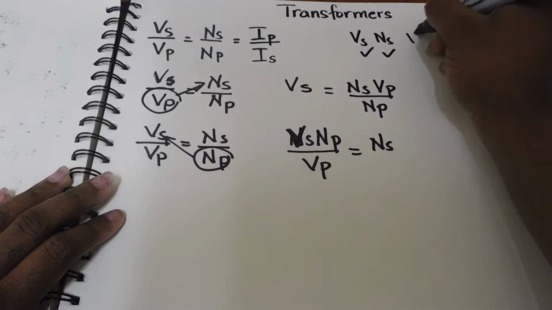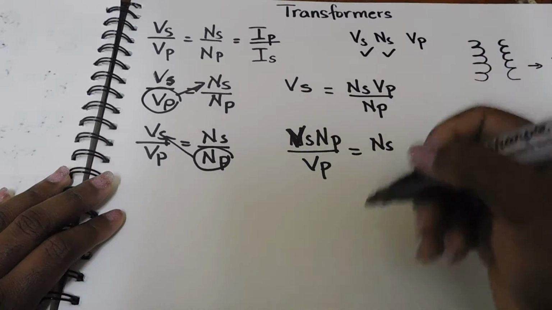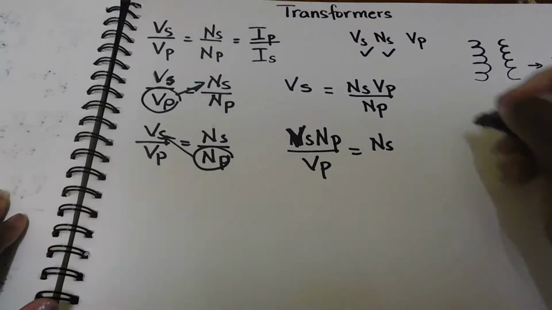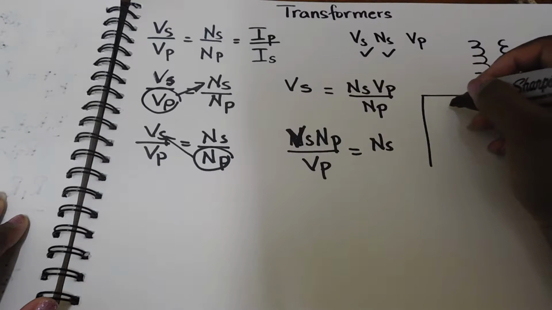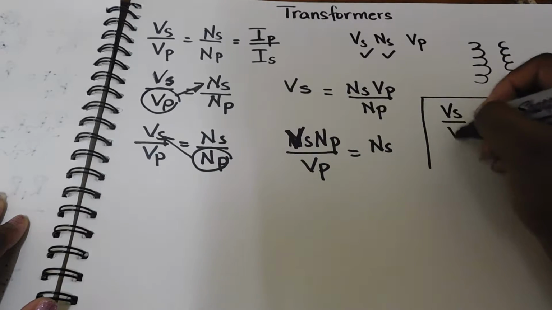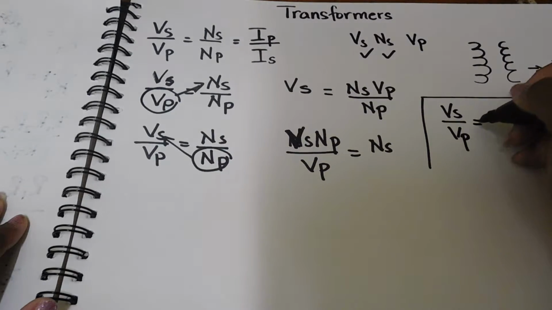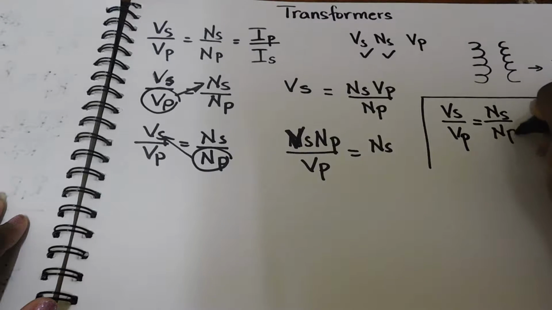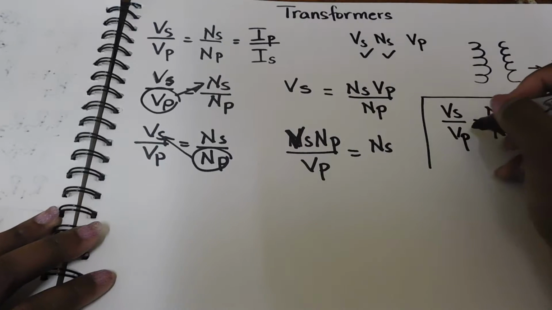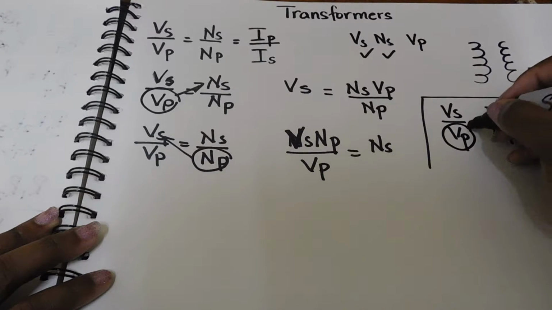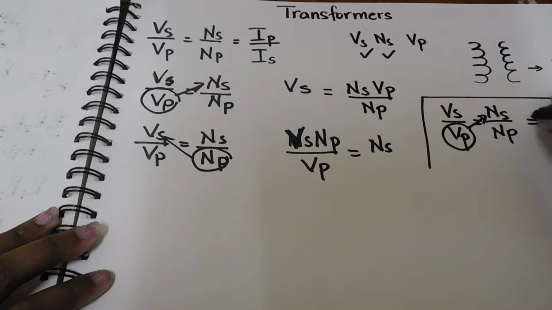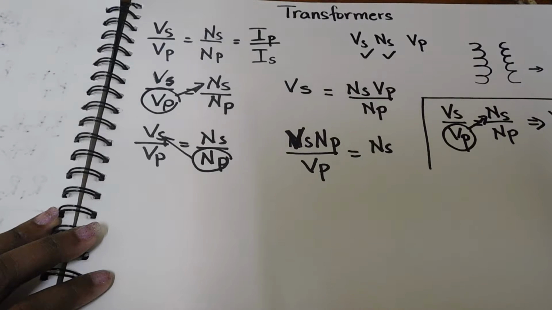So let's try to solve for VP. Again, you have VS over VP equal to NS over NP. You're solving for VP. It's in the denominator, so you want to move it to the top. So you're going to end up with VS equals NS VP over NP.